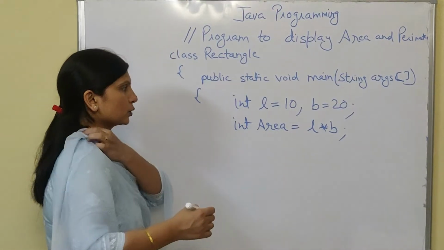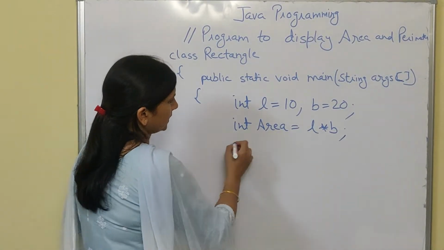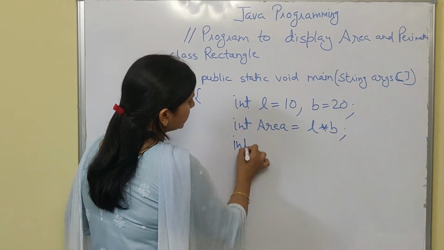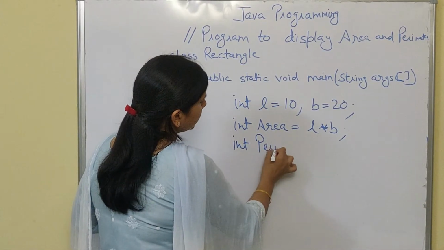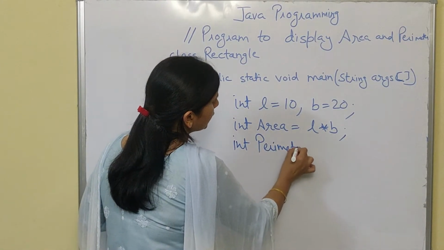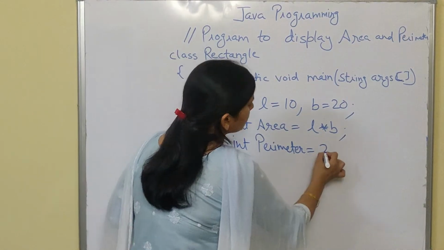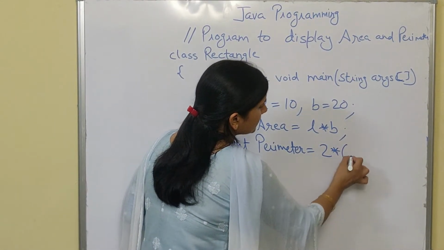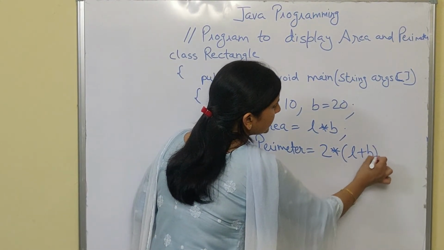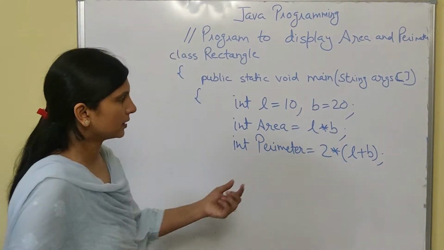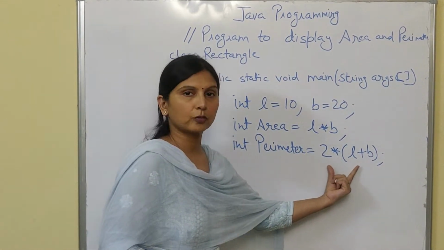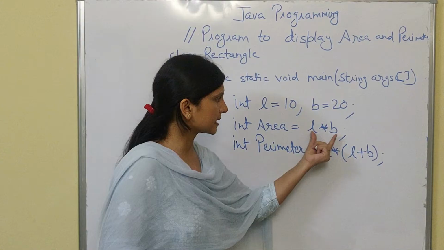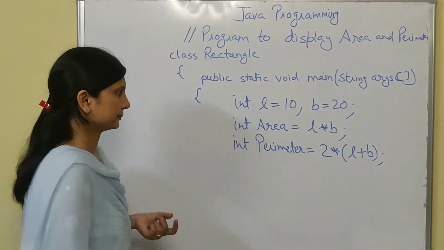Int area equals length into breadth. Then perimeter, int perimeter. How will you calculate perimeter? 2 asterisk (L plus B). Again semicolon. This is the formula for perimeter of a rectangle, and that is the formula for area.